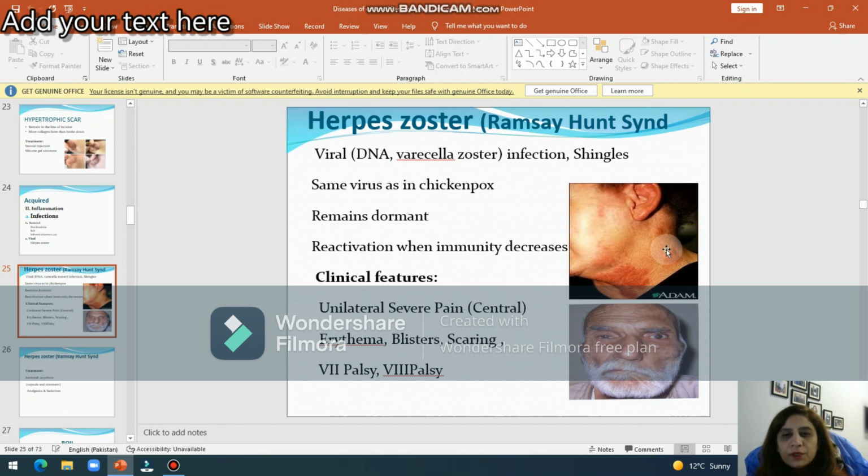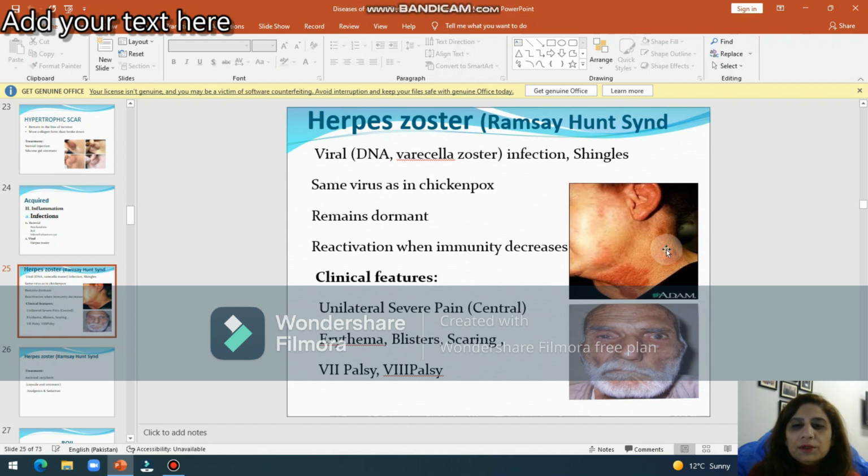After pain, the patient will develop discoloration of the skin. Reddish discoloration of the skin is called erythema. Then after erythema, there will be blister formation, and these blisters will contain clear fluid. After rupture of these blisters, there will be scarring, black colored scarring.